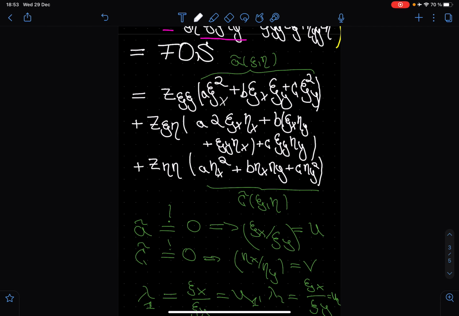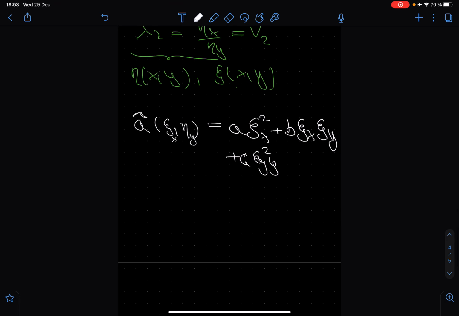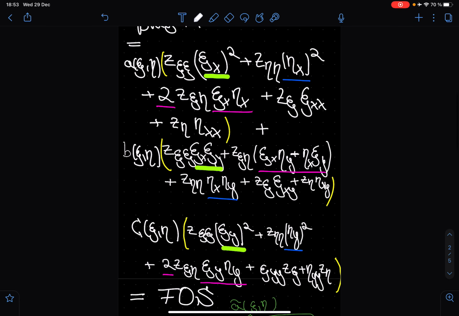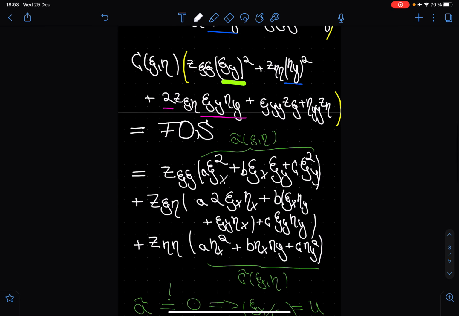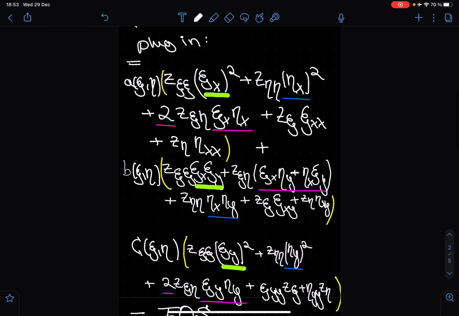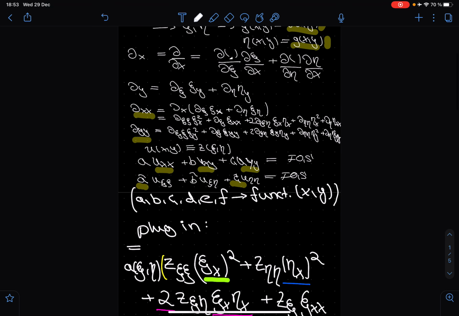As you can see here, you can do that on your own if you're a bit confused by the derivation of this function, but as I told you, it's just plugging in those derivations again.